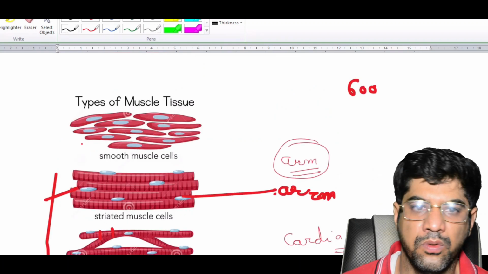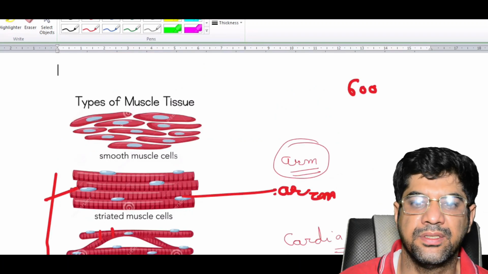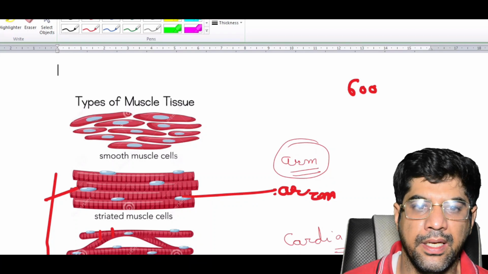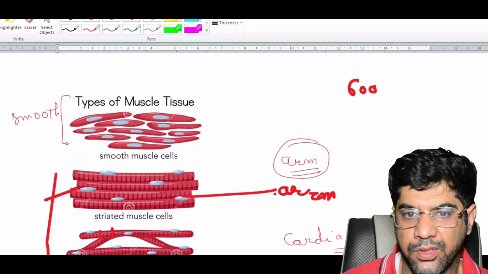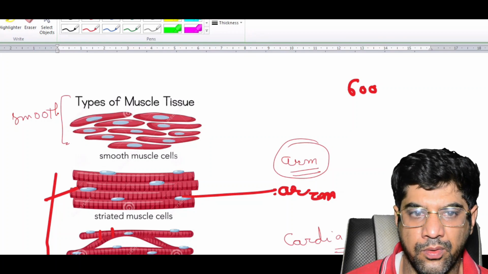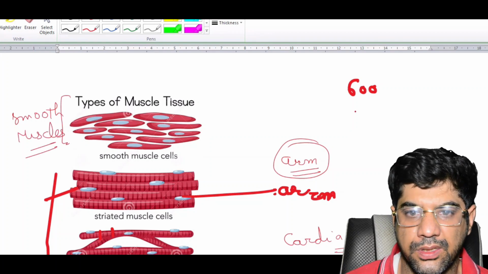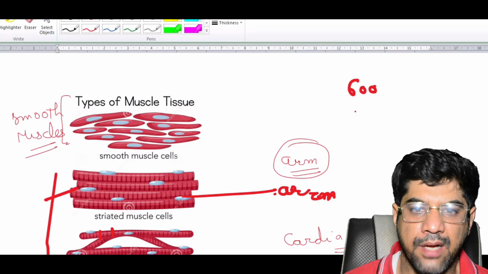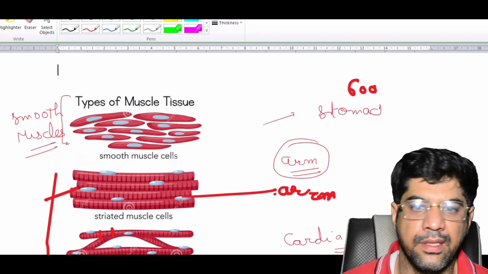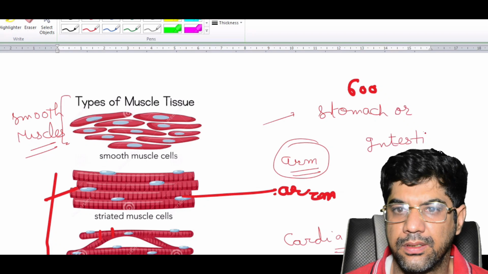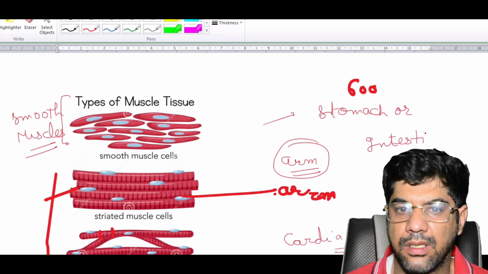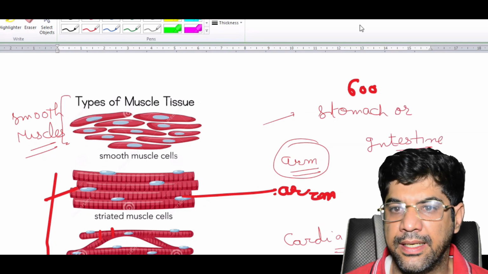So what are the non-striated muscles? Non-striated muscles don't have any transverse cross striations. So they are also known as smooth muscle. And remember, they are found in the walls of visceral organs like the stomach or the intestine.